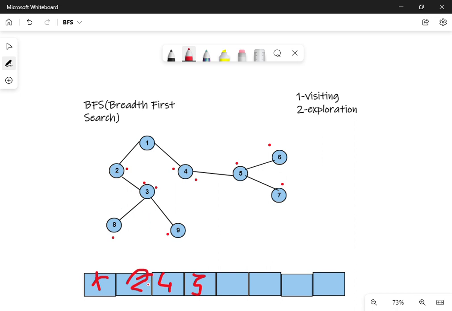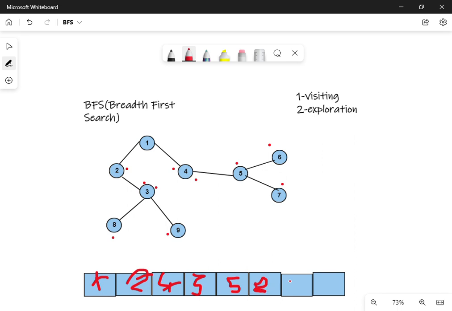Our next vertex is 4. The adjacent vertices of 4 are 1 and 5. 1 was already explored, so let me just write 5 into the box. So 4 is completely explored now. Our next vertex is 3. The adjacent vertices of 3 are 2, 8 and 9.